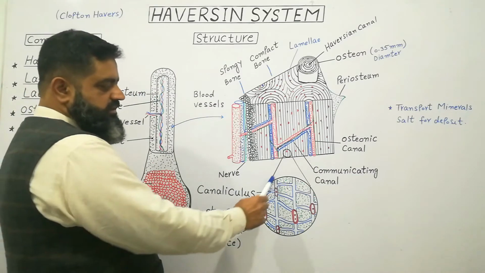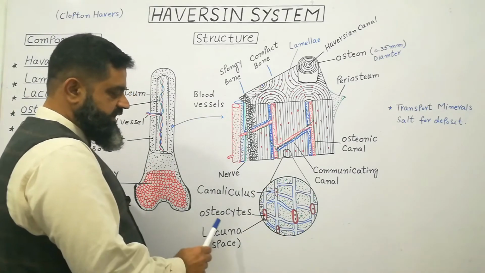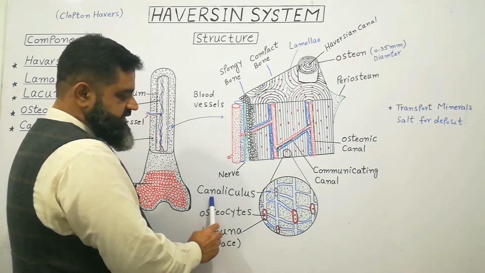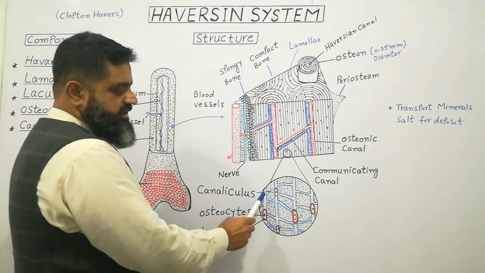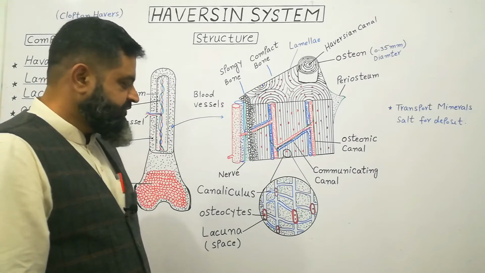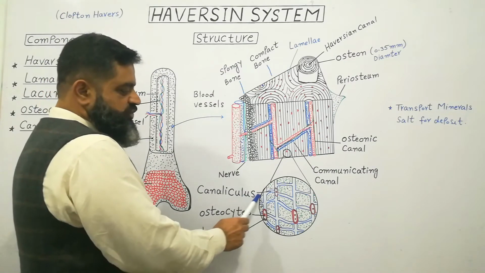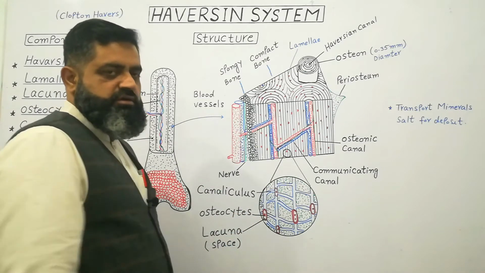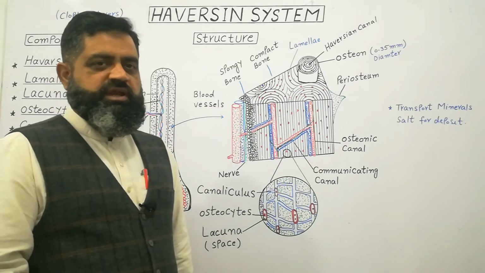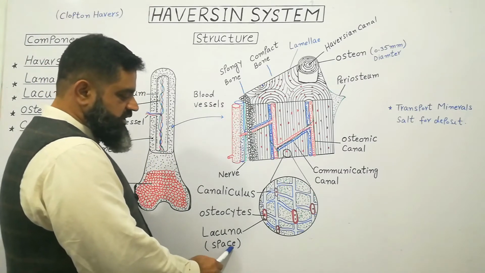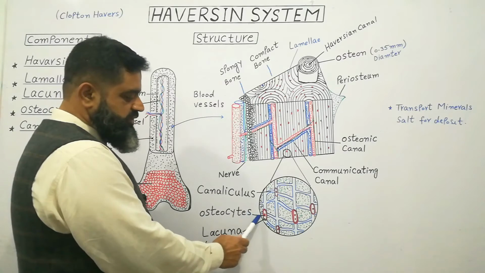These lamellae or osteon contain small channels which are known as canaliculus, and in the plural form they are known as canaliculi. These canaliculi contain spaces which are known as lacuna, which contain liquid proteins and minerals for the formation of bones. These lacunae contain bone cells which are known as osteocyte.